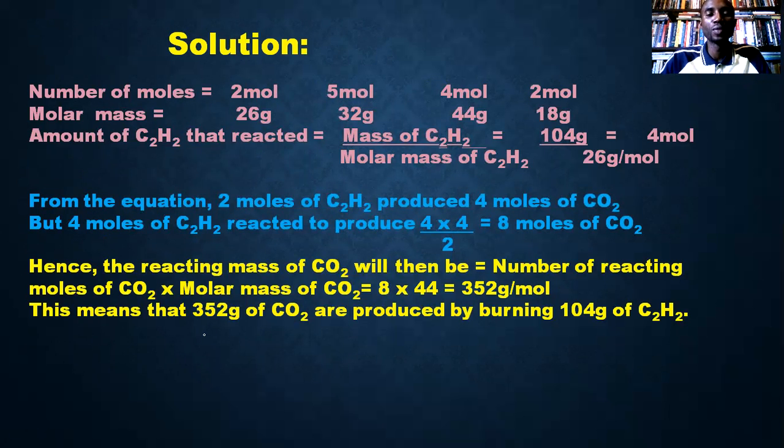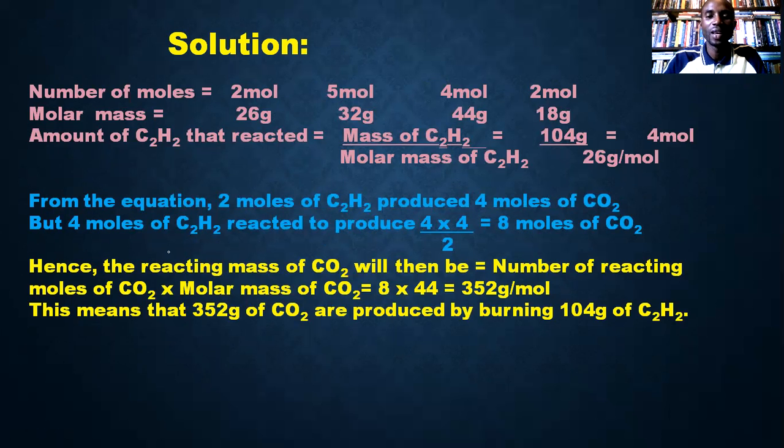Now, mole is mole, 2:5:4:2. Their molar masses are 26, 32, 44, 18, based on the equation for the reaction. Now, to find the mole, amount is in mole, so it is the mass of ethane over the molar mass of ethane. With that, you do it and you find this mole. From the equation, 2 moles of ethane produce 4 moles of carbon(IV) oxide.